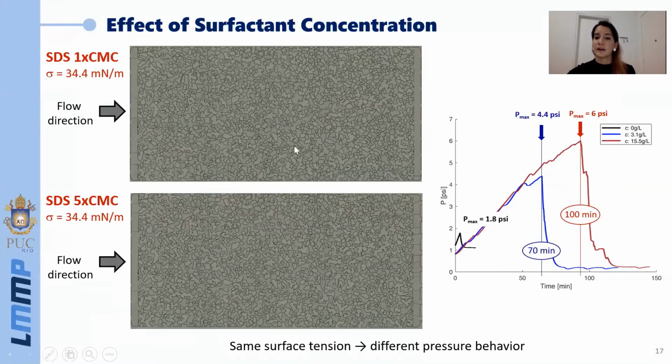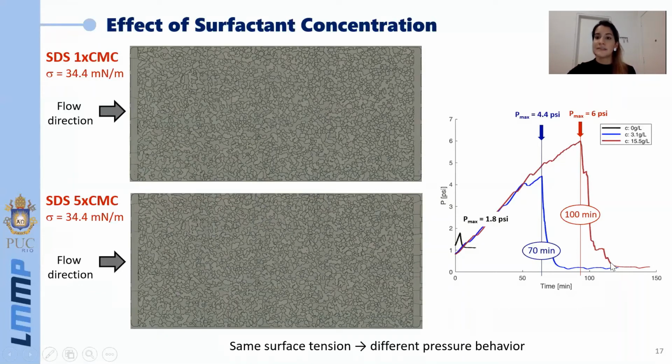You can see in the curves that the 1 CMC case has a lower value for the maximum pressure compared with the 5 CMC case, which has a higher value for the maximum pressure. Also, the time it takes for the gas to find this percolated path is higher for the 5 CMC case.